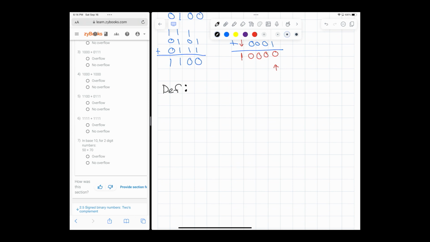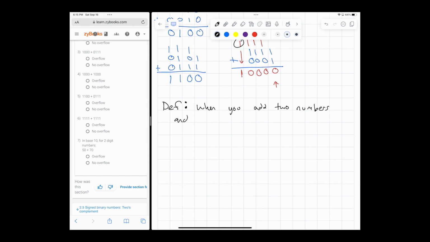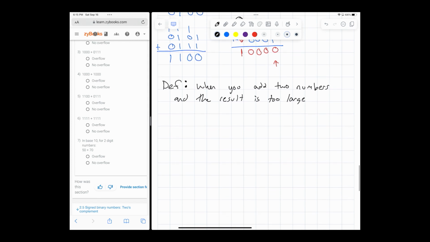Definition. Let's see. When you add two numbers, and you would have like basically that 5th carry bit. You add 2 numbers, and the result is too large. And what's too large? So when I say it's too large, it's going to mean that it requires more bits than you have.